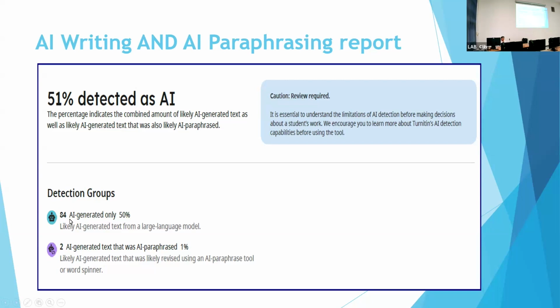Likely. Likely means you have to decide. Maybe they have some sentences that are confusing. Some are confirmed, some you have to use a human to decide. This is like AI language or human language. So they give you the evidence and let you make a decision. It looks like the first one, 50%.